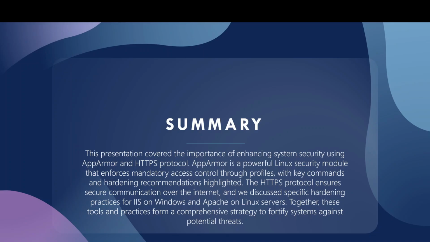The HTTPS protocol ensures secure communication over the internet, and we also discussed specific hardening practices for both IIS on Windows and Apache on Linux servers. Together, these tools and practices form a comprehensive strategy to fortify systems against any potential threats.